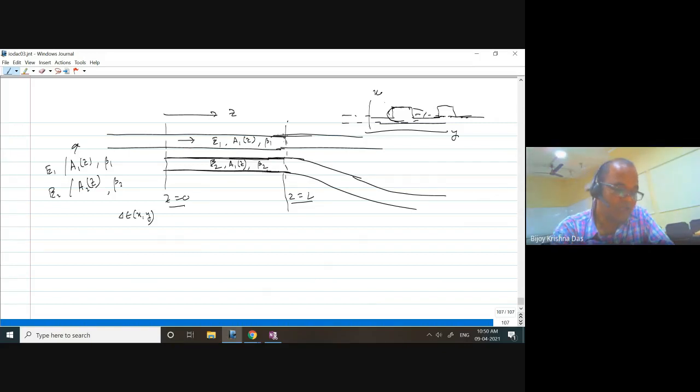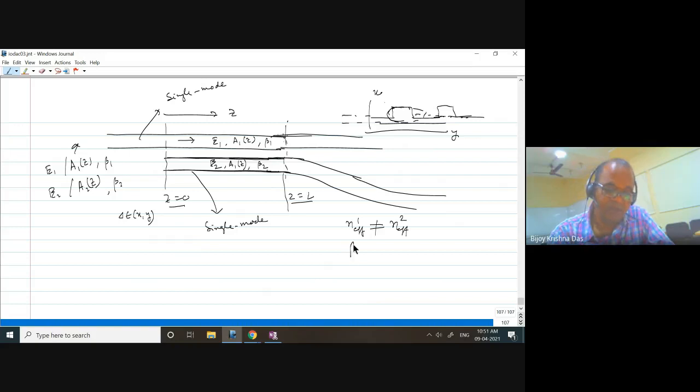So that means this is a single mode waveguide. You have designed a single mode waveguide. And this is also a single mode waveguide, but the dimension can be different such that your beta 1 and beta 2 values can be different, meaning n effective 1 may not be equal to n effective 2.